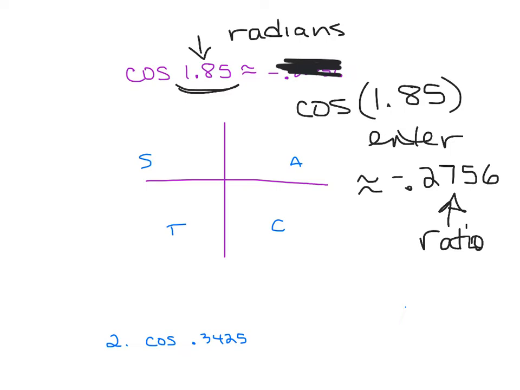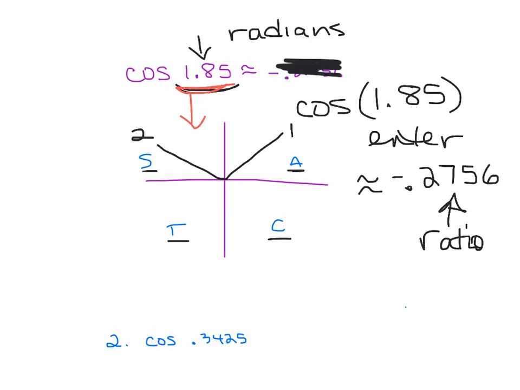That's why we're using our calculator. Now, again, to see if this makes sense, remember our All Students Take Calculus trick. Remember, 1 radian is about here. 2 radians are about here. So that would tell me that 1.85 radians is somewhere in quadrant 2.